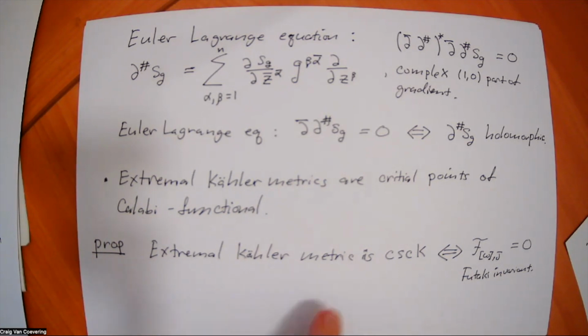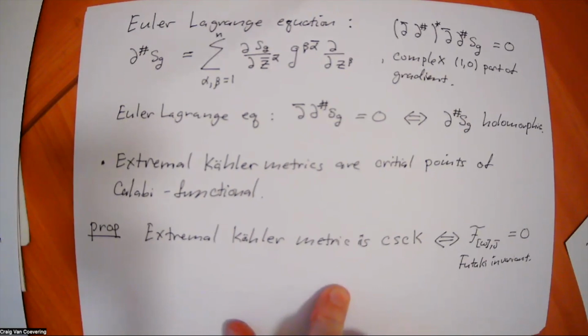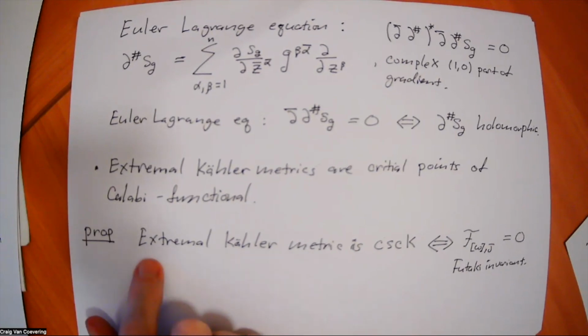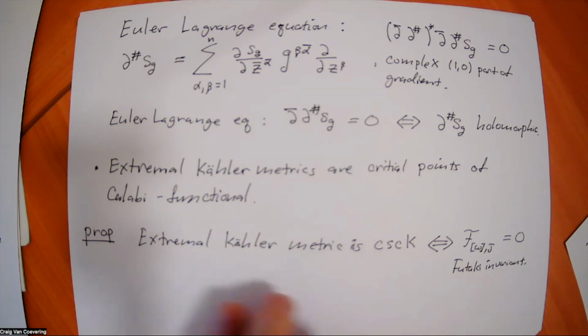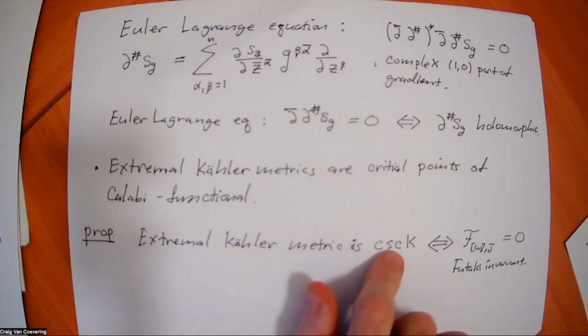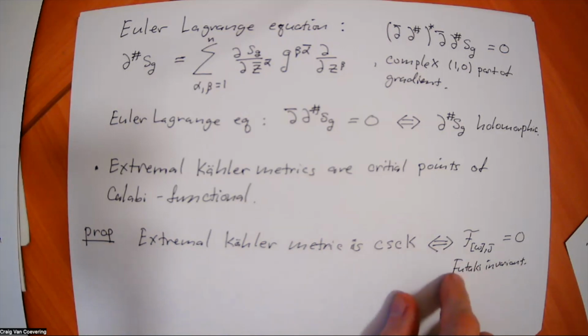I mentioned last time that an extremal Kähler metric is just a slight generalization of a constant scalar curvature Kähler metric. An extremal Kähler metric has constant scalar curvature if and only if the Futaki invariant vanishes. This is actually just a 2-line proof in terms of the Futaki invariant.